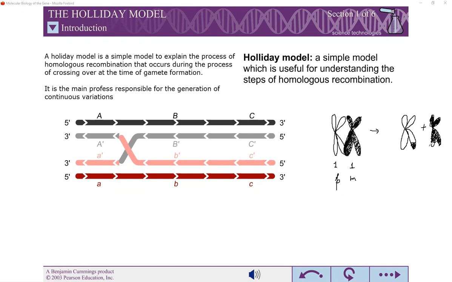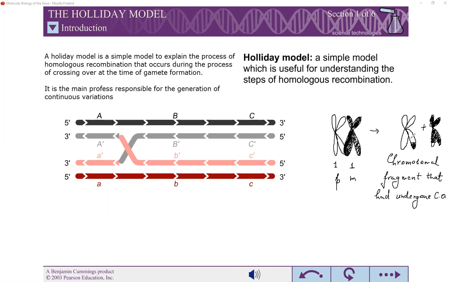So this is the part that has undergone crossing over, the chromosomal fragment that has been crossed.